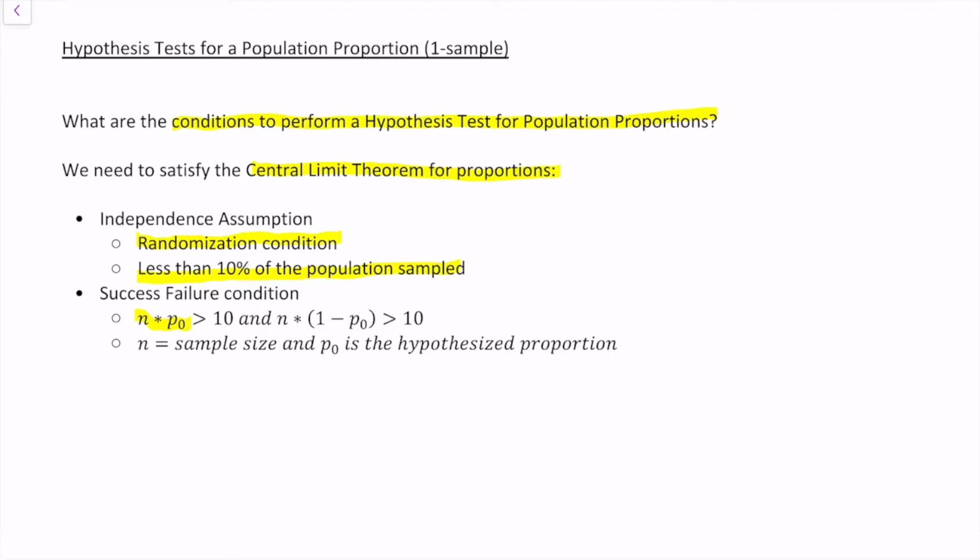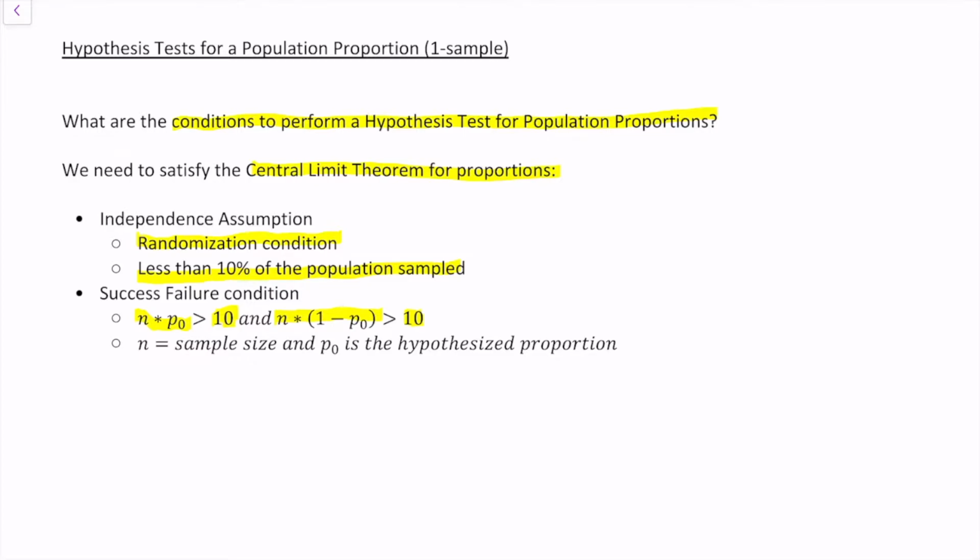That is the proportion located in your hypothesis, which we call the hypothesized proportion. We need n times p naught to be bigger than 10, and n times 1 minus p naught to be bigger than 10. If all these conditions are satisfied, then we can do the one proportion hypothesis test.